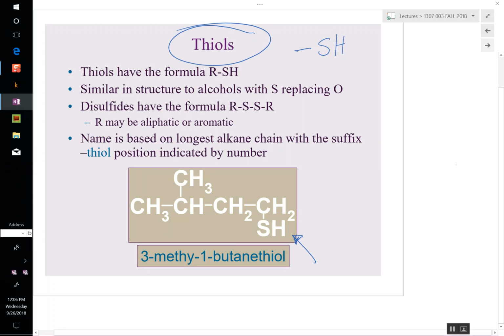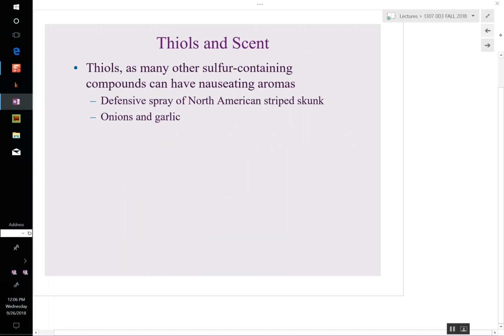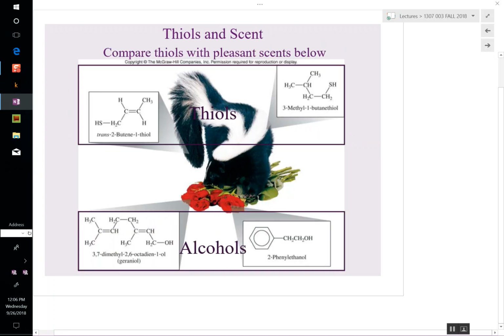This is the group that skunks produce. Skunks. Pepe Le Pew. Pepe Le Pew, these are extremely offensive, down in the part per trillion levels. Thiols.